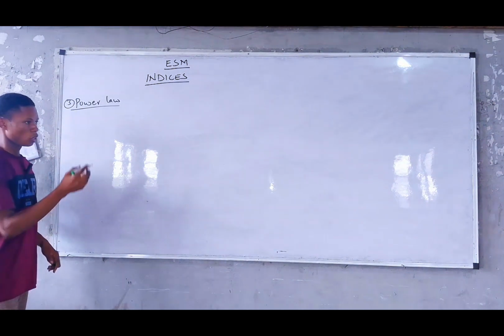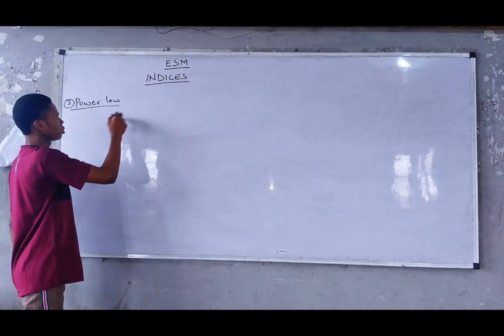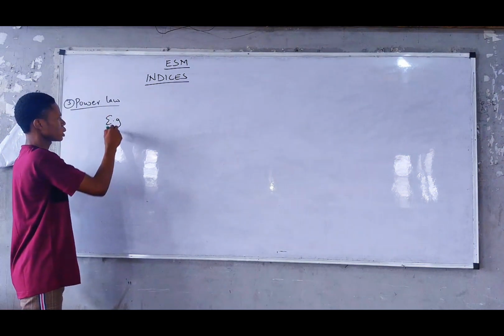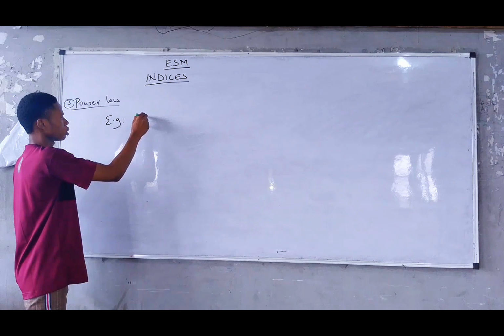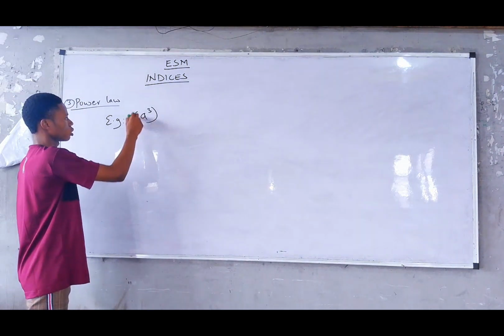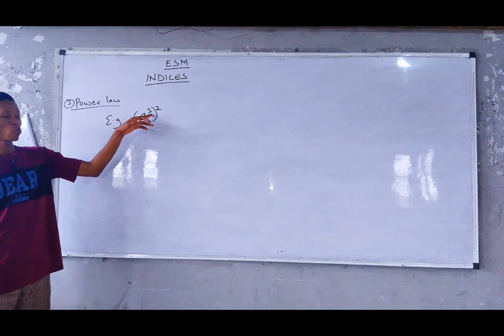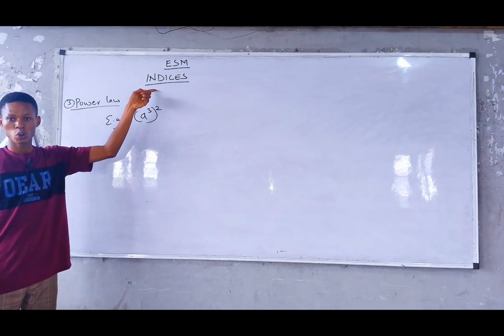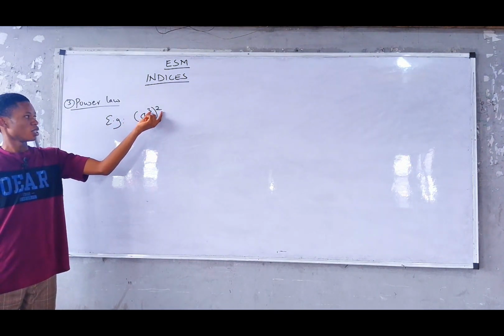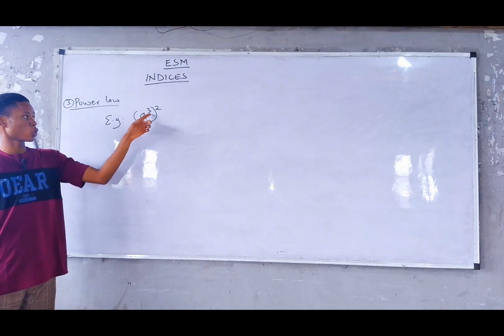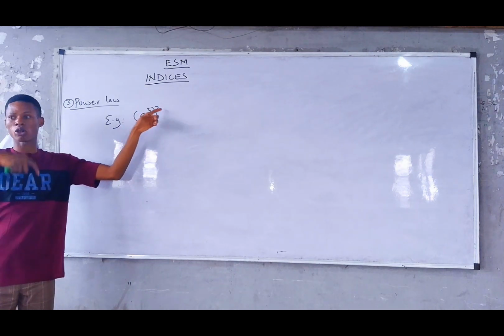Let's go. So if you have something like this, please look up. If you have something like a raised to power 3 raised to power 2, they are in powers. This one is raised to power 3 and again raised to another power.